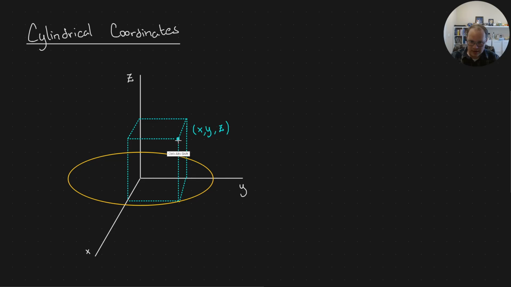Okay, so if I extend this to the xy plane, embedded into the xy plane, that's the point I get, right? So the x and y part of this stays exactly the same. Okay, and then just stretch that circle out, so I get a cylinder.